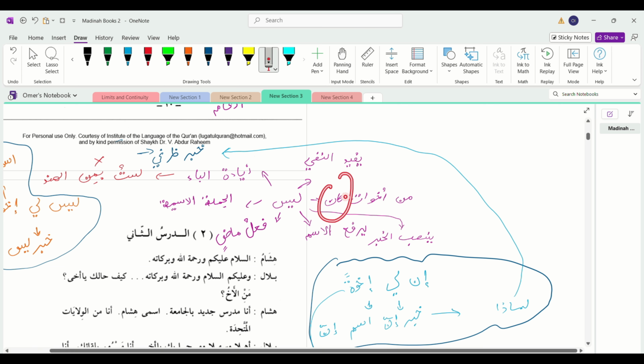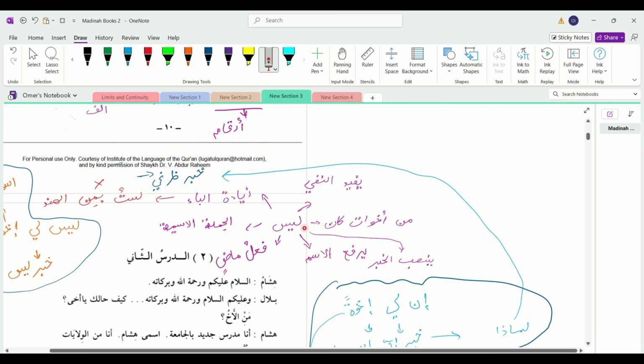Kana is a verb that we're going to study later on, and the direct translation of akhwat would be sisters of kana, but it means from the family of the fi'l kana. It makes the khabar mansoob, and it makes the ism marfu'. Now we are going to study examples of this later on.